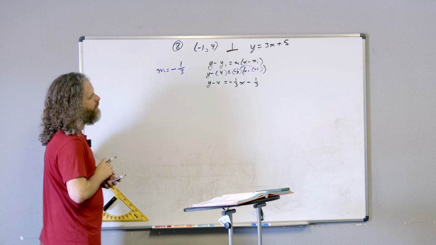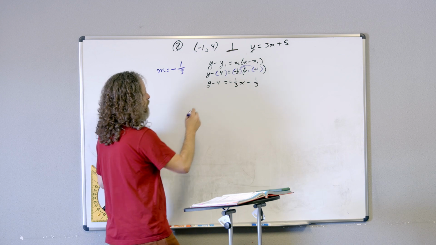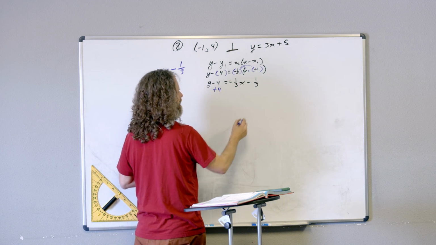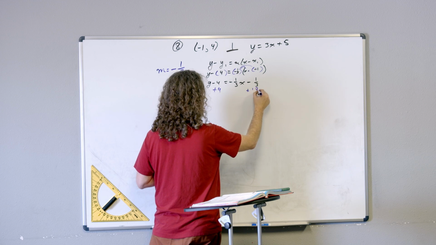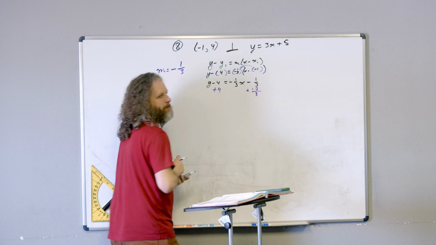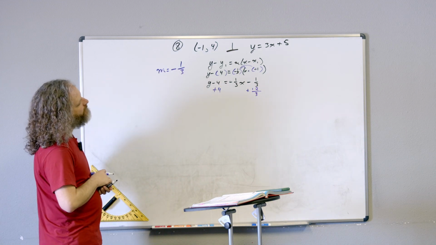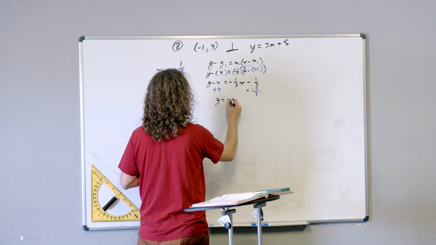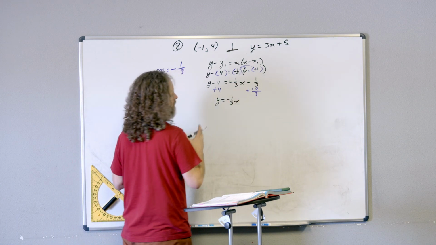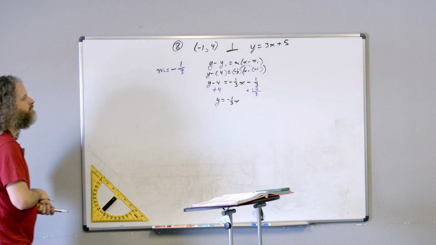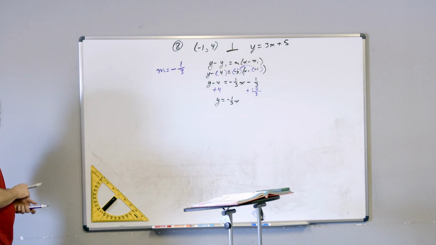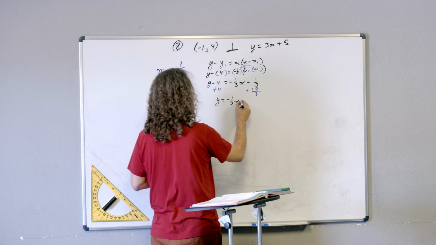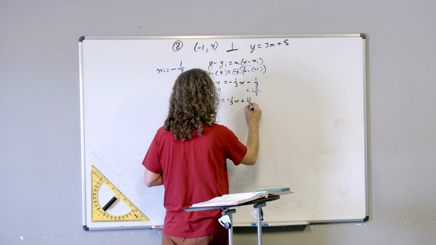Now what do we do? Add 4. Let's write 4 with a denominator of 3, so plus 12/3, right? So y equals negative 1/3 x plus 11/3.